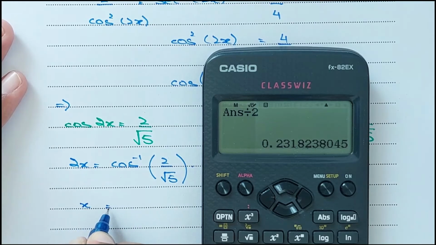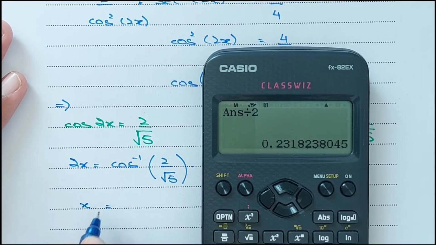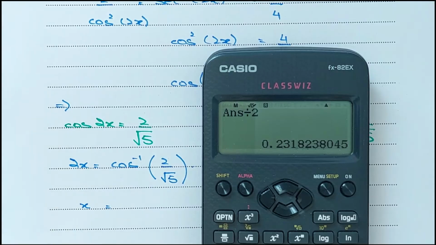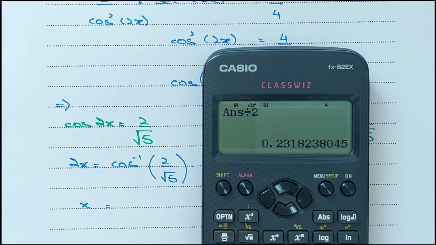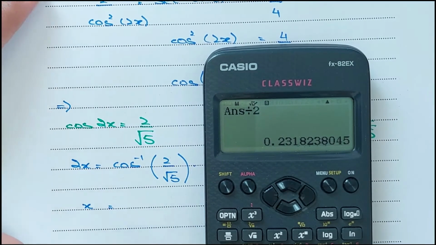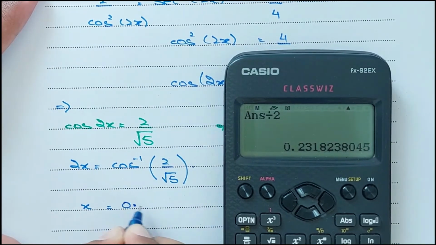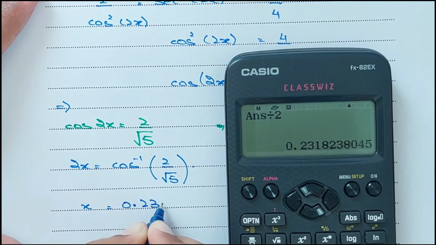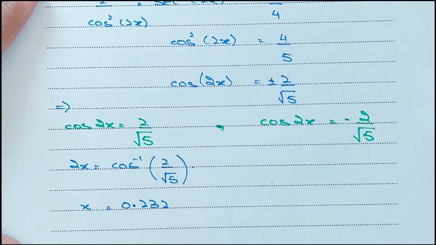So the x value should be between 0 to pi by 4, right? Basically it is first quadrant, it lies in 0 to pi by 4. So we are just dealing with the first one. So x is equal to 0.232 up to 3 significant figures, right?